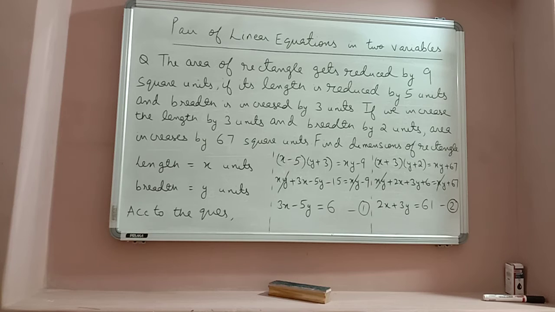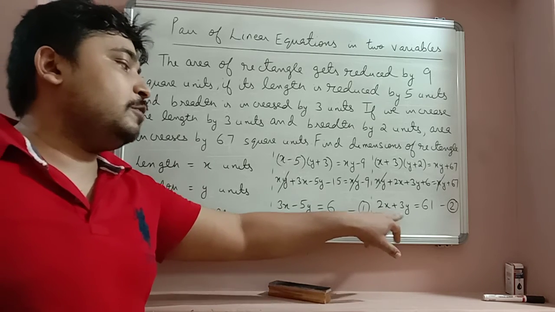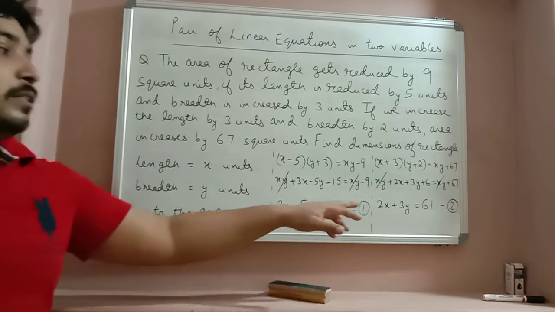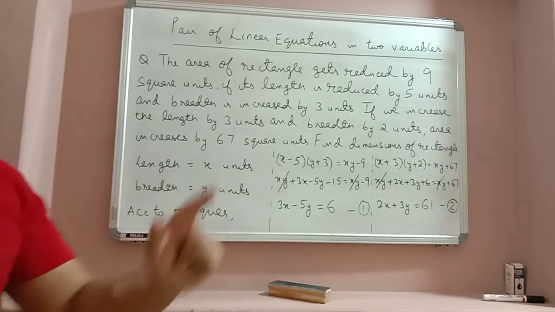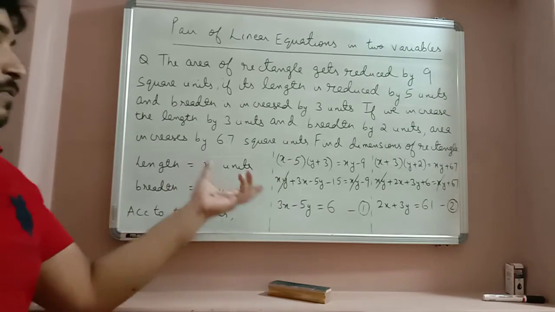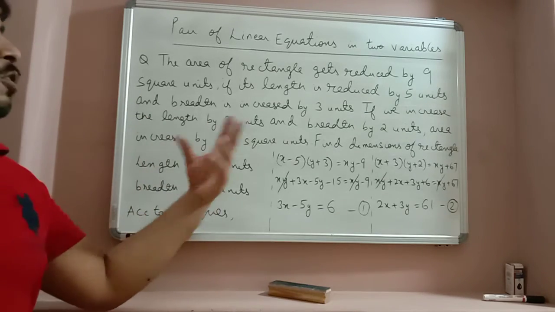So both the equations are 3x minus 5y equals 6 and 2x plus 3y equals 61. We will try to solve these two equations using the cross multiplication method. You may note down the question as well as this content by pausing the video.